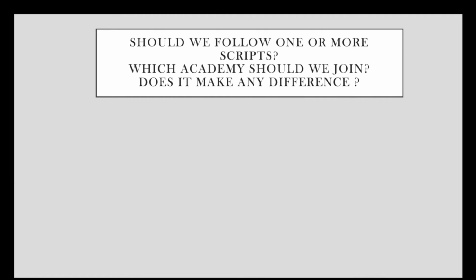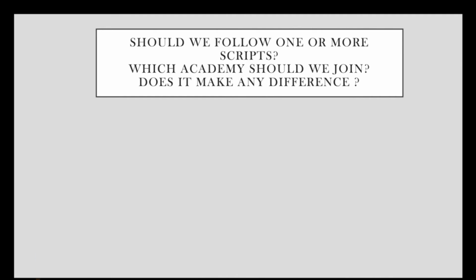This is a very common question which everybody goes through in the dilemma stage when you're trying to choose an academy. Now, I would say all academies basically teach you the same thing. You will wonder, if all the academies teach the same thing, why do people prefer one?